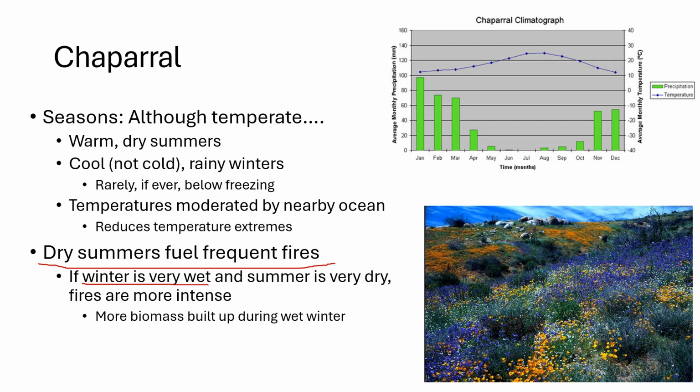But then if you have an exceptionally dry summer that follows that, that biomass that was made during that winter is now dry fuel for the fire that summer. So the wetter the winter, the more biomass you can have, and the drier the summer, the more intense the fires can be. And those fires are only intensifying with global climate change.